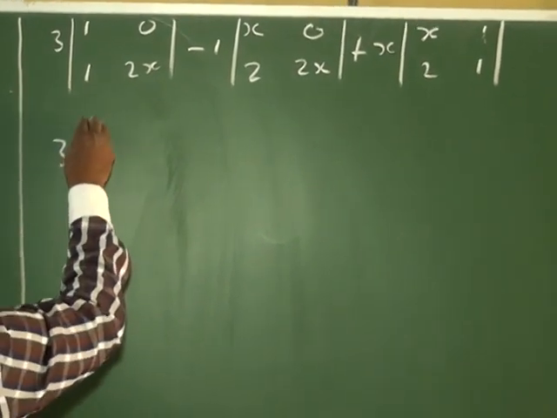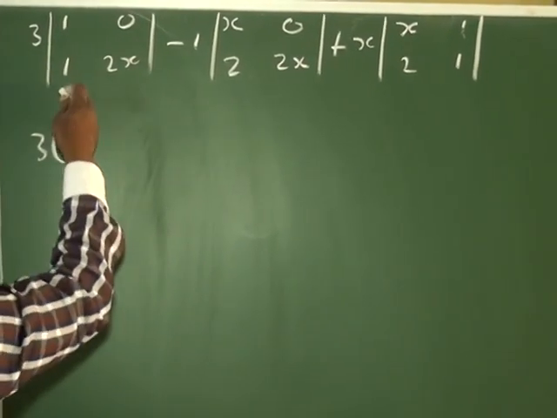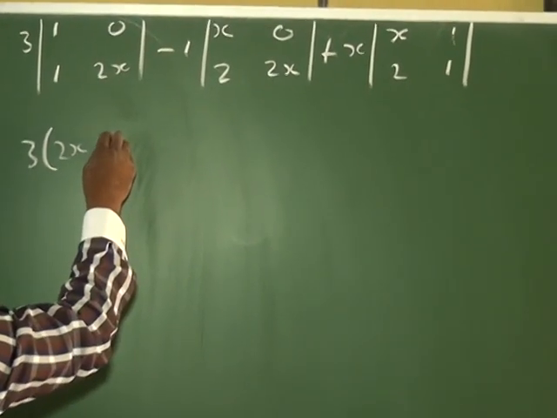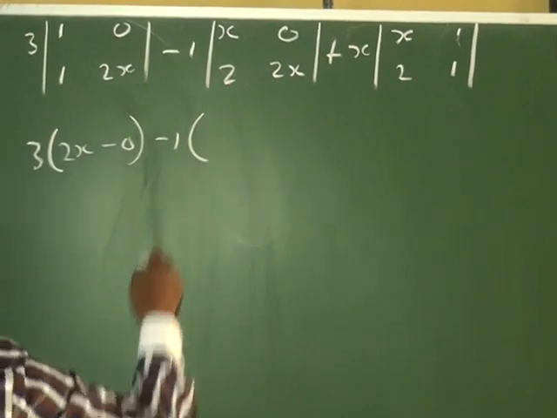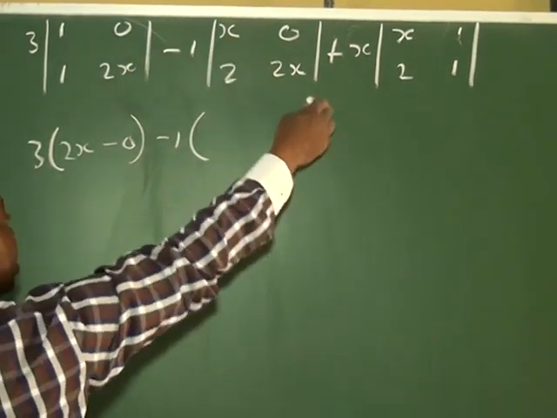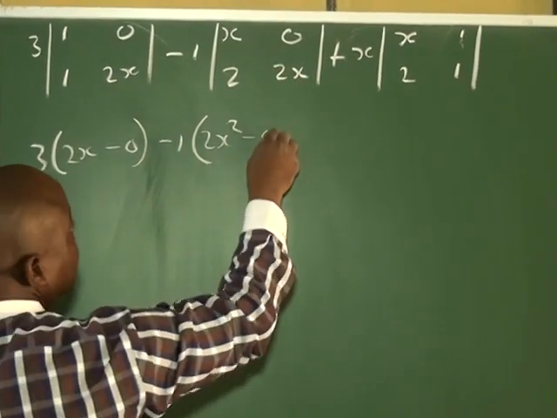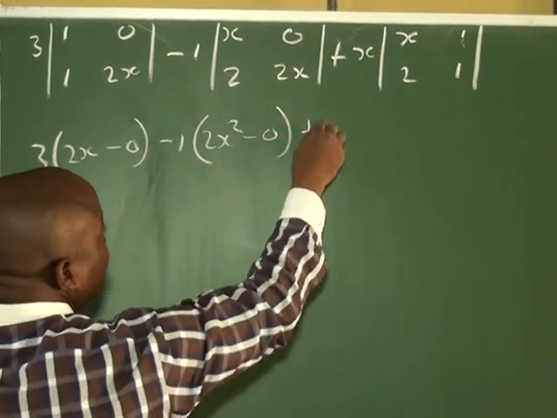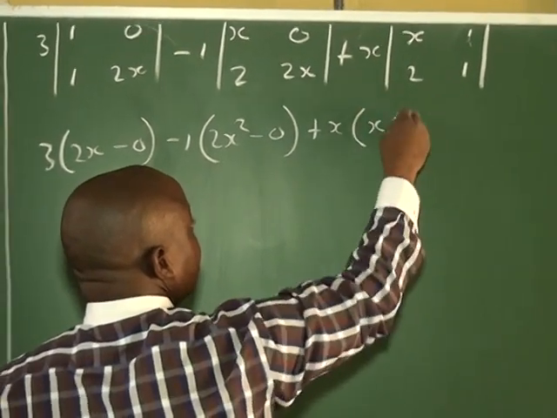To have 3, 1 times 2x is 2x. To go this side, you have minus 0, minus 1. x times 2x gives us 2x squared. Then this gives us 0 plus x. x times 1 is x minus 2.